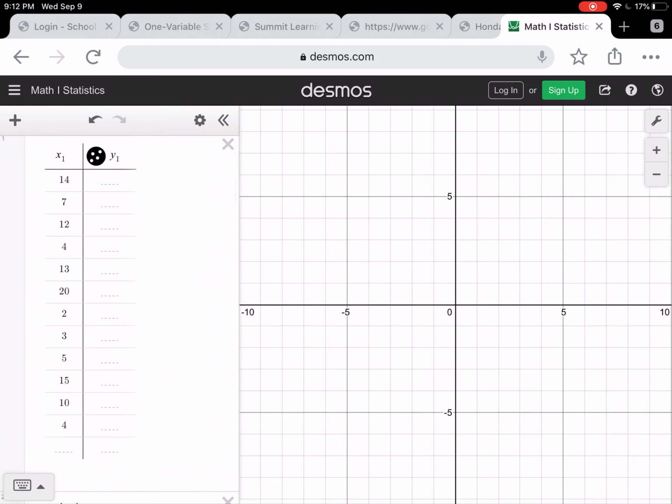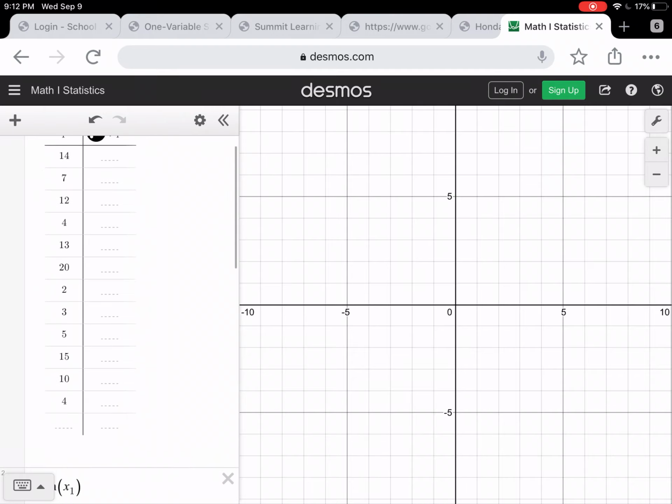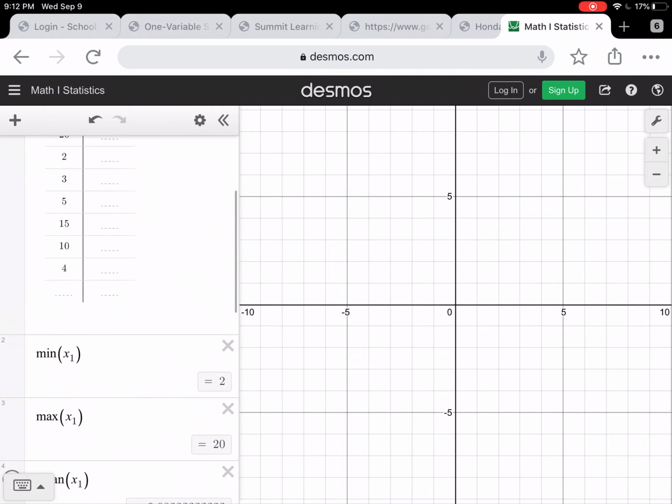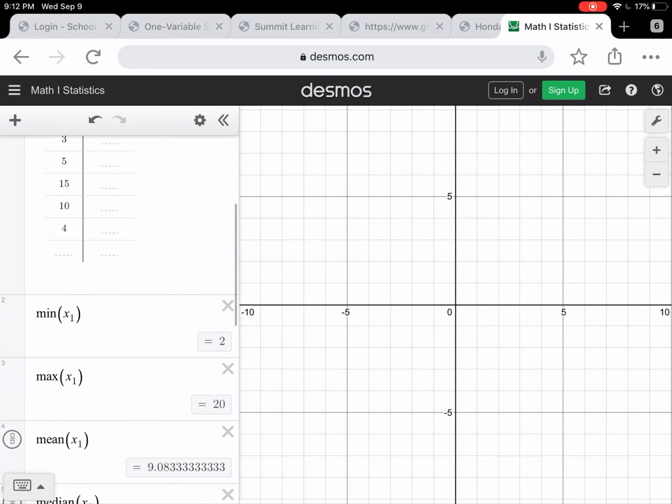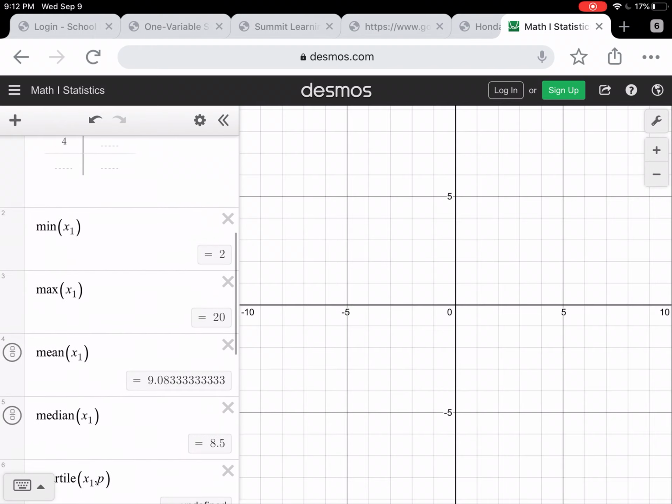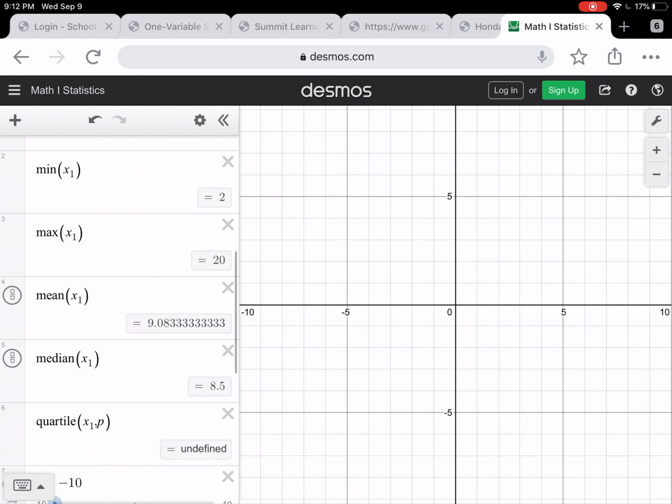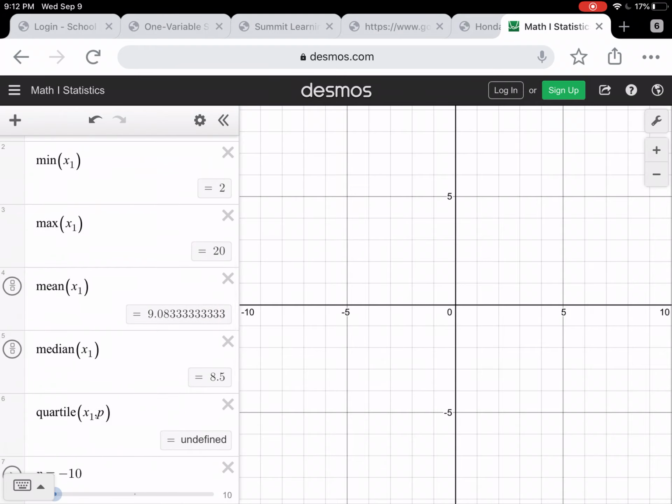Now on Desmos, we have some actually really nice tools that we can use. Min of X sub 1 is just saying, what's the minimum number in my X1 column? And it's 2. What's my maximum? 20. What's my mean or average? 9.08. What's my median? 8.5.